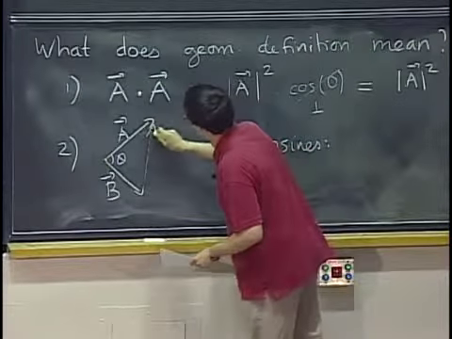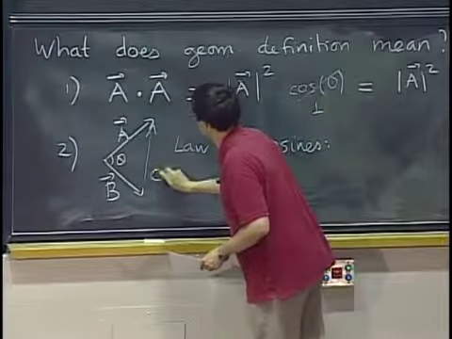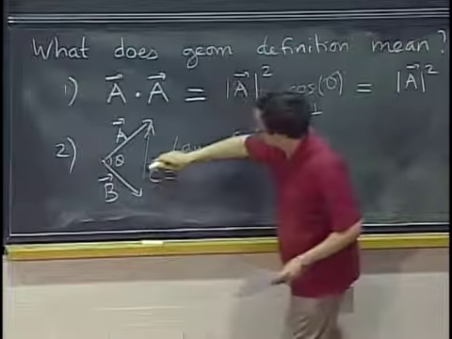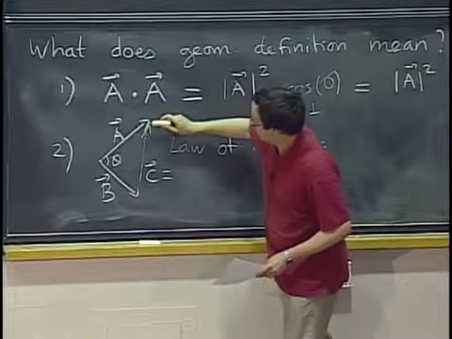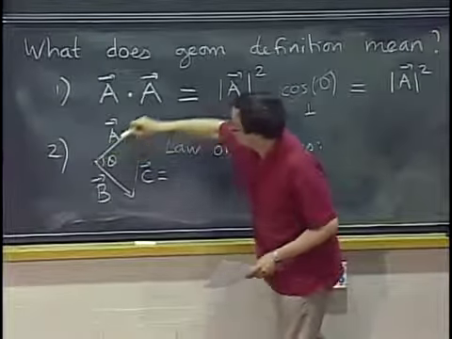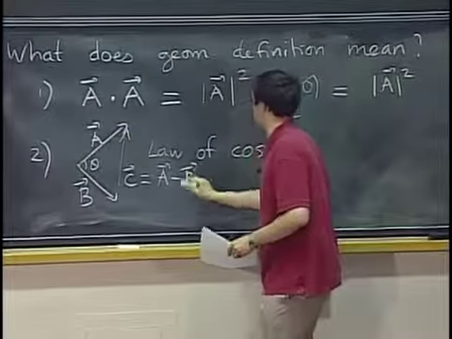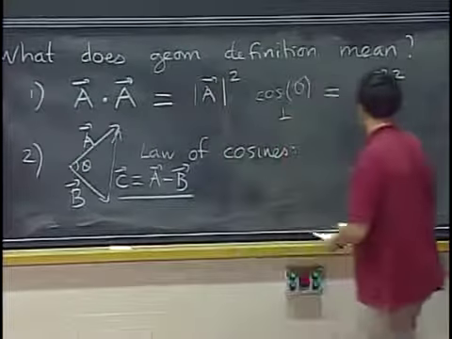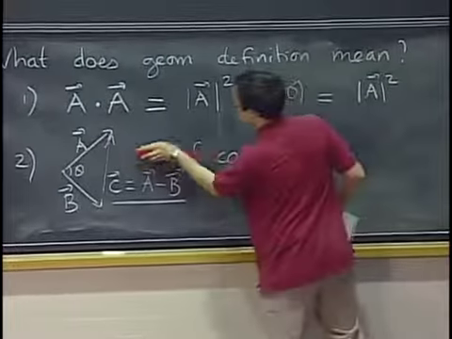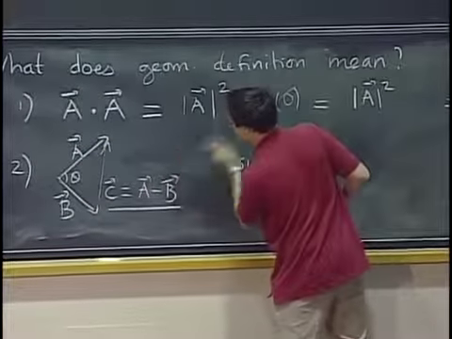to this side. Let's call this side C, and as a vector, C is A minus B. It's minus B plus A. It's getting a bit cluttered here.